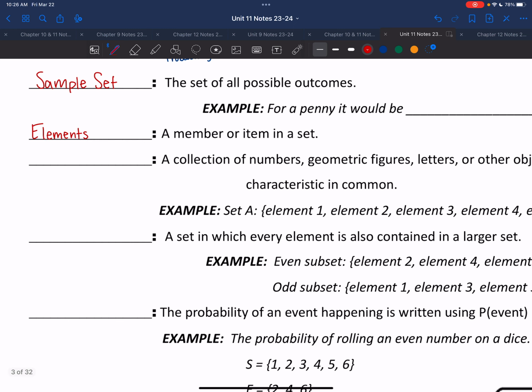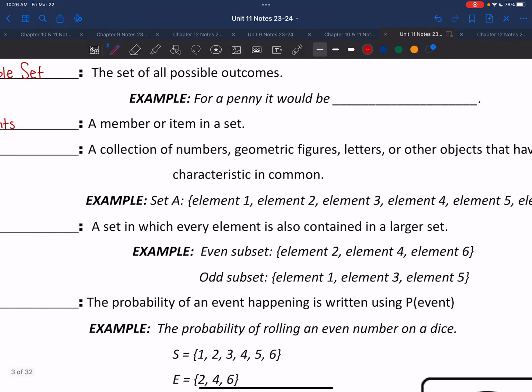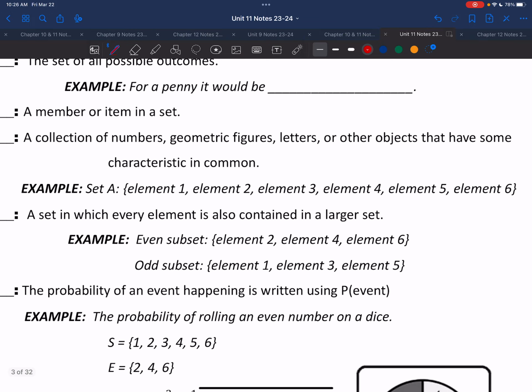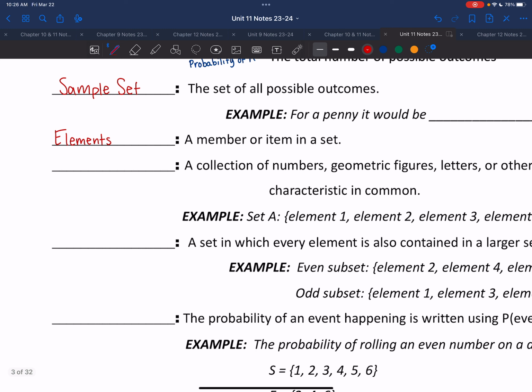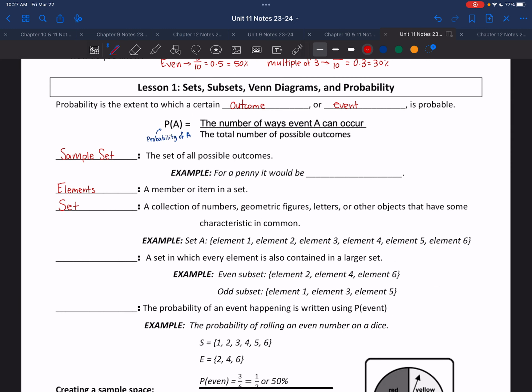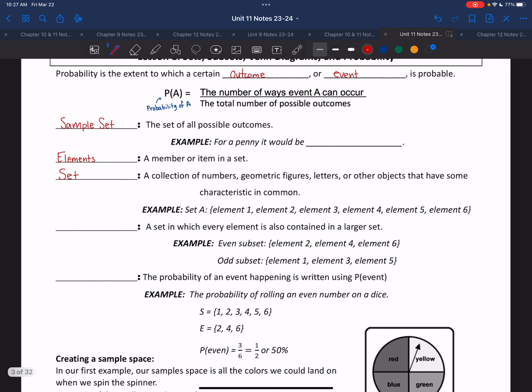Now, a collection of numbers, geometric figures, letters, or other objects that have some characteristic in common, okay, this is a set. This is the definition of a set. So, for example, set A contains elements 1, 2, 3, 4, 5, and 6.